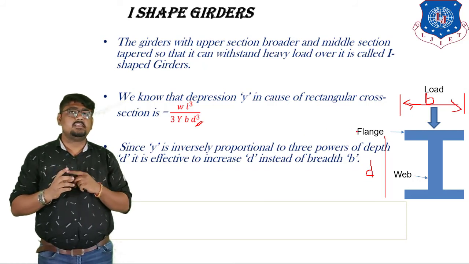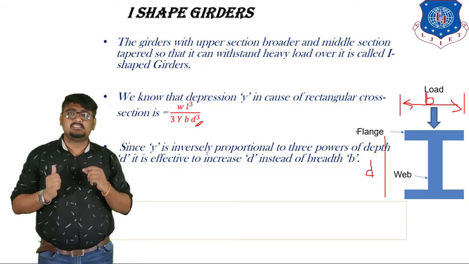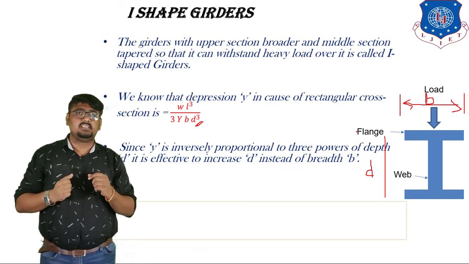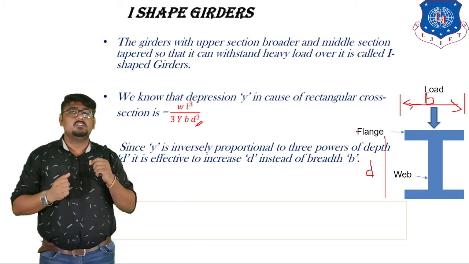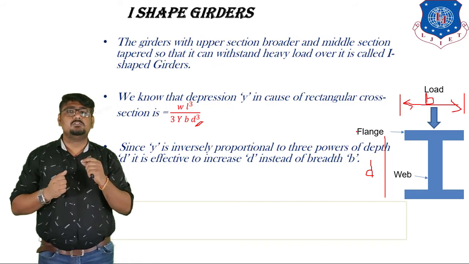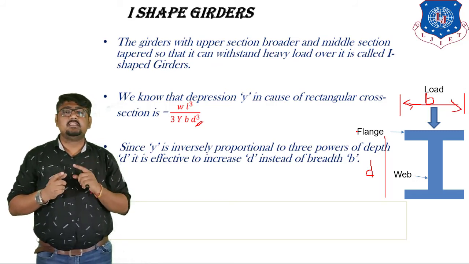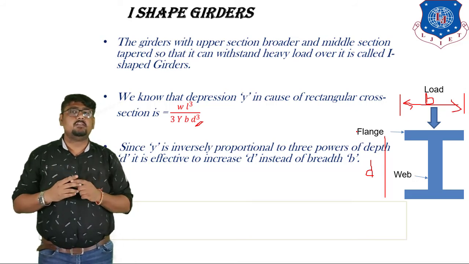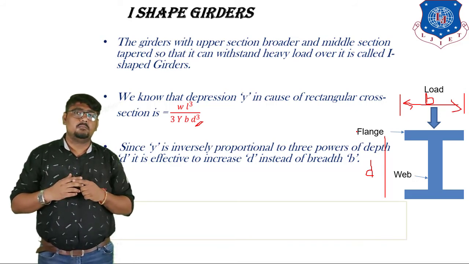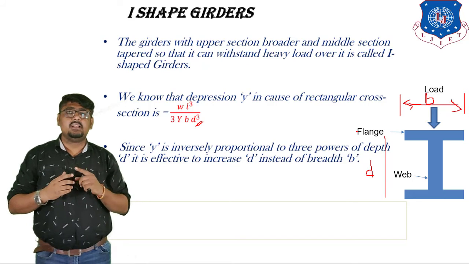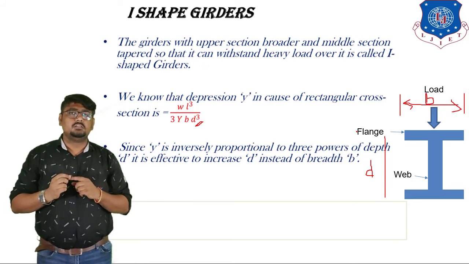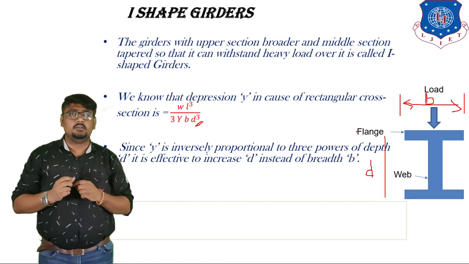So in order to decrease Y, keeping the length same, what things can be done? We can either increase B or increase D. But on increasing B, much effectiveness is not obtained, whereas in case of D, by increasing depth, much effectiveness can be obtained.